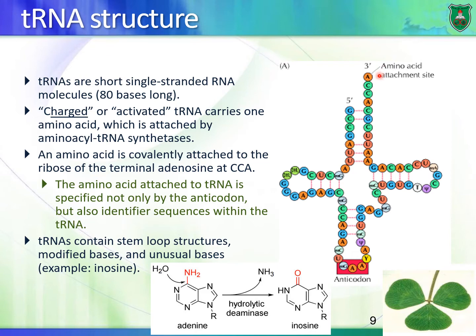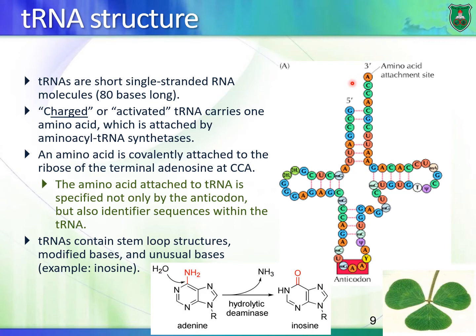When the tRNA is connected to an amino acid, then it is known as a charged or an activated tRNA molecule. And there is a consensus sequence in the tRNA at the 3' end, and it is CCA. So all tRNA molecules have CCA, and the amino acid is linked to the A.